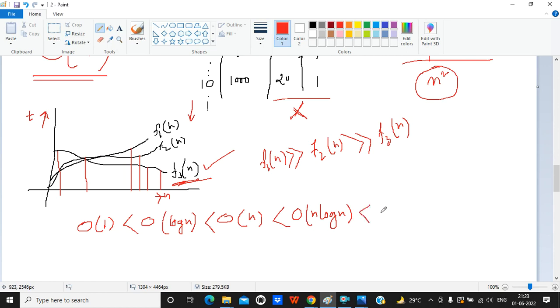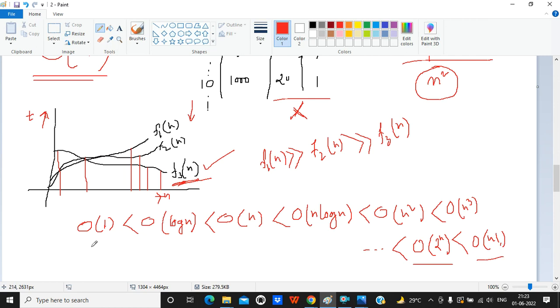Next, we will have big O of n square, big O of n cube, and so on, then exponential time, big O of 2 to the power n, and big O of n factorial. These are really big amounts of time. So this is basically the scale.